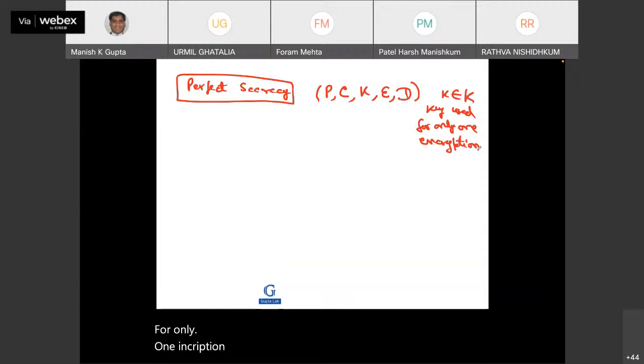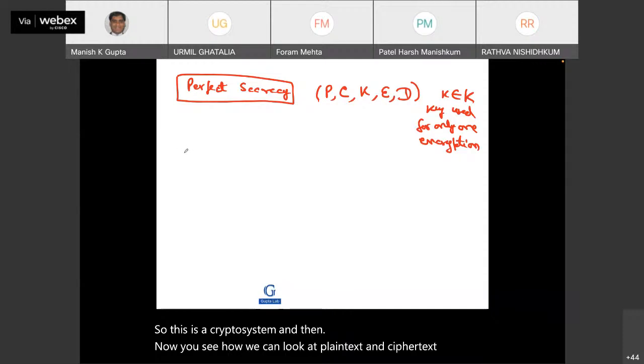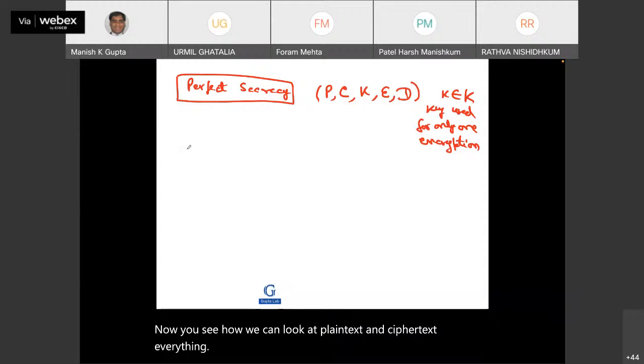Okay. So this is a crypto system, and now you see how we can look at plain text and cipher text, everything, as random variables.